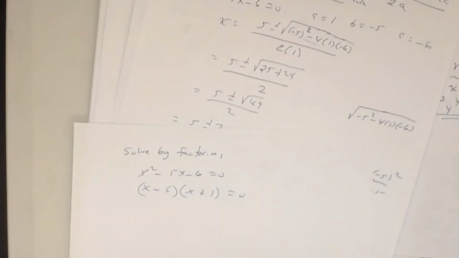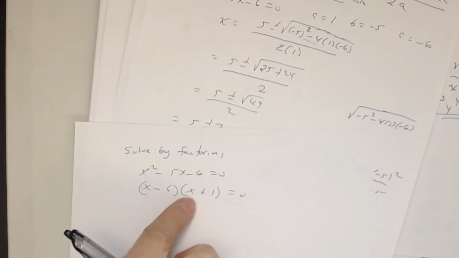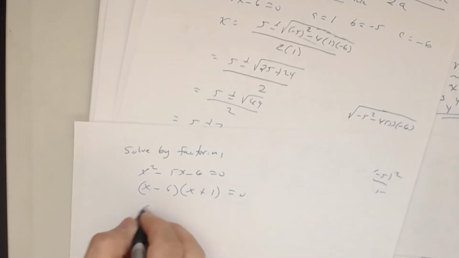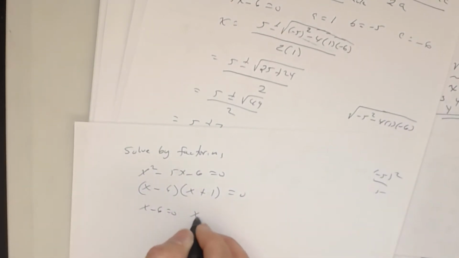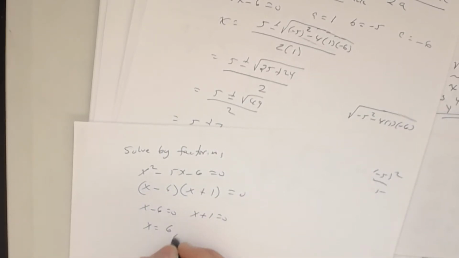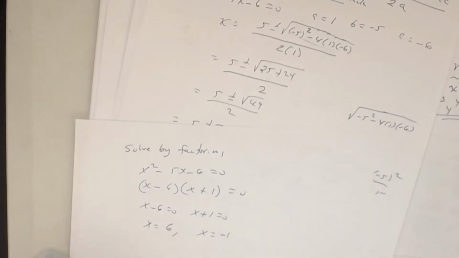Then what else did you do? You said each one equal to 0. So you said x minus 6 equals 0, x plus 1 equals 0. So what are your solutions? 6, comma, and what's the other one? See how much quicker it is to factor? So it is easier to factor than it is to use the quadratic formula. But not all equations are factorable. So you have to know to use the quadratic formula.